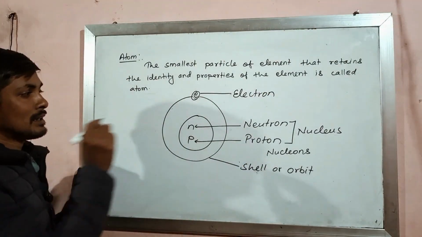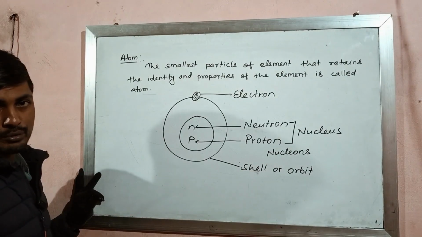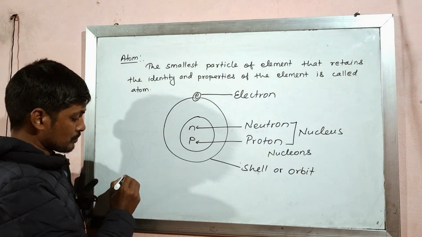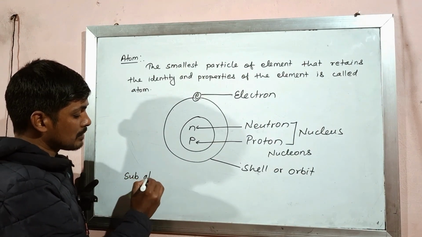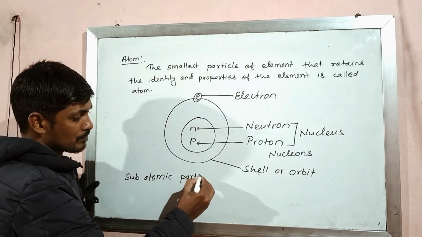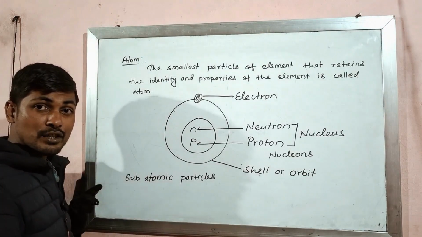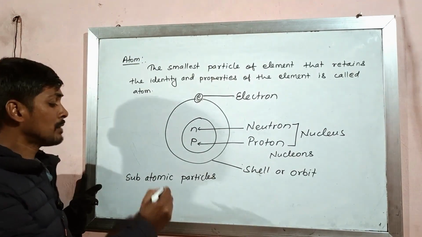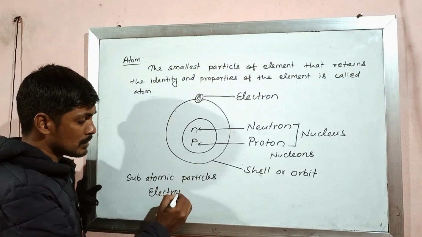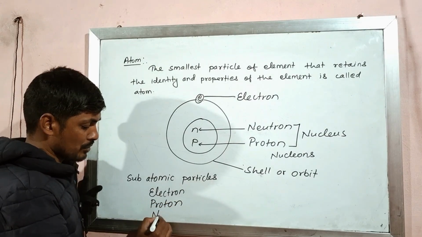Now these three particles, electron, proton and neutron, are collectively known as subatomic particles. So what are the three subatomic particles present in the atom? They are electron, proton, and neutron.